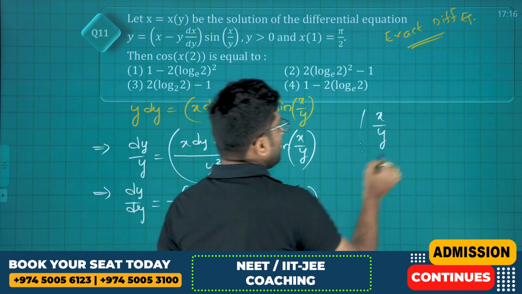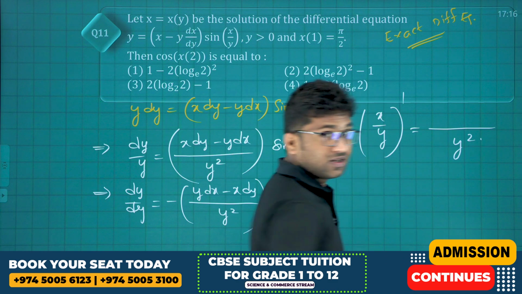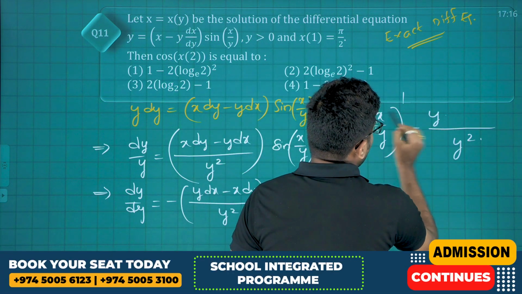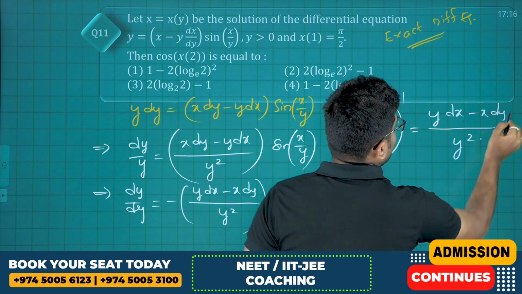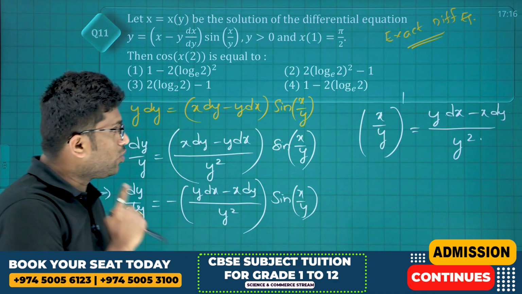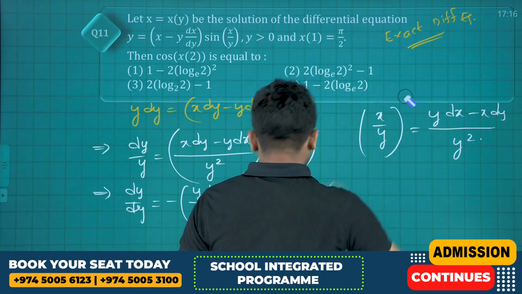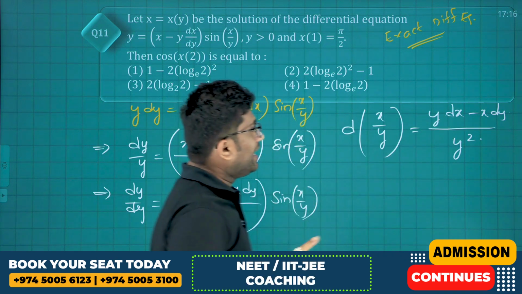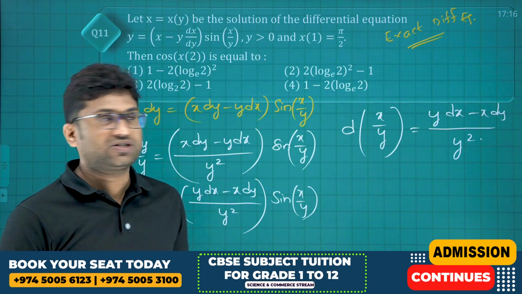By the quotient rule, y into numerator differentiation, that is dx, minus x into denominator differentiation, that is dy, over y square. So d of x by y is equal to y dx minus x dy divided by y square. This is what we say exact differential equation.